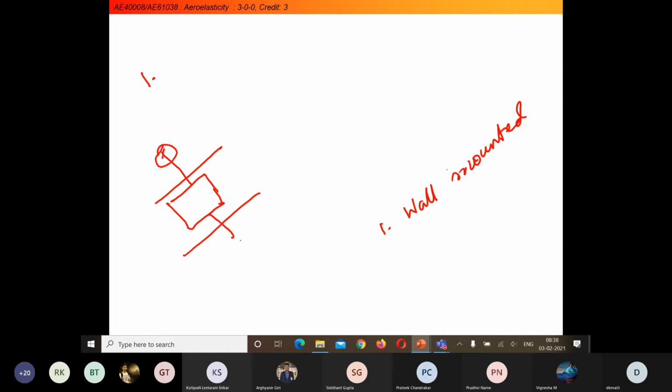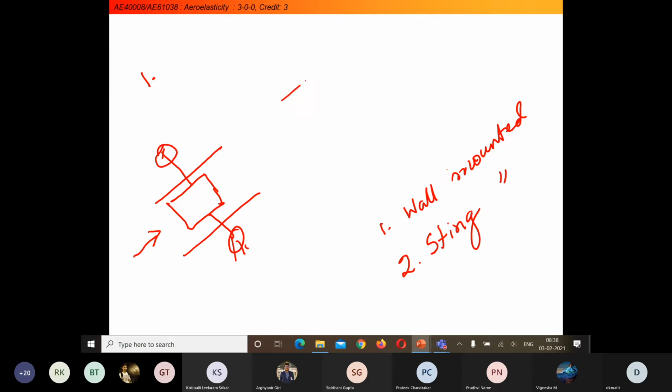There we have taken the wind tunnel, and the aerofoil section is connected by a rod, where we may have a fixing mechanism, and this will be the flow. That is the first model, the wall mounted model. The second model is the sting mounted model.